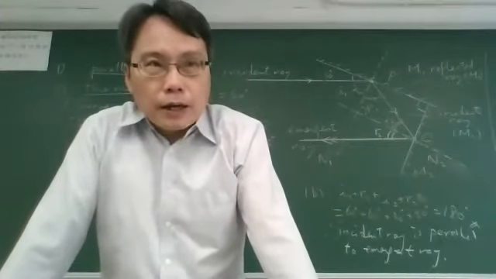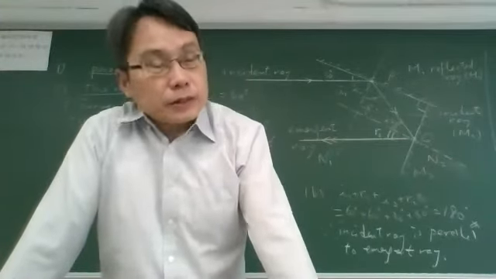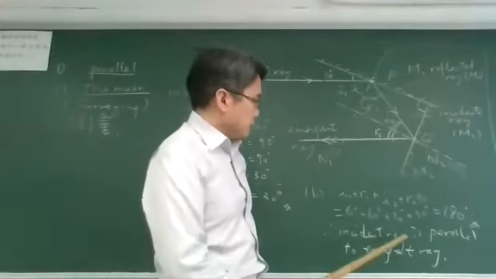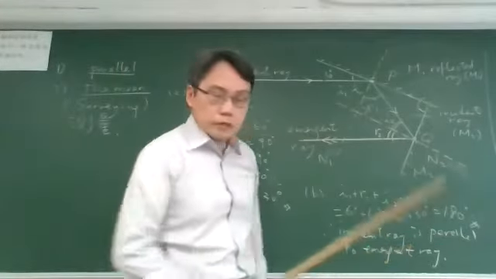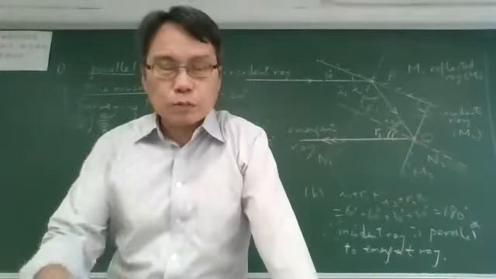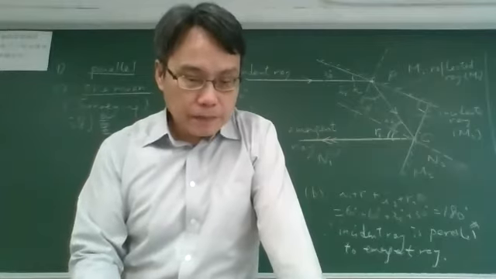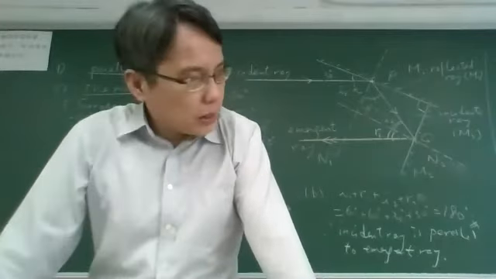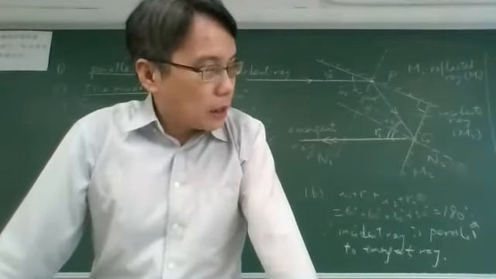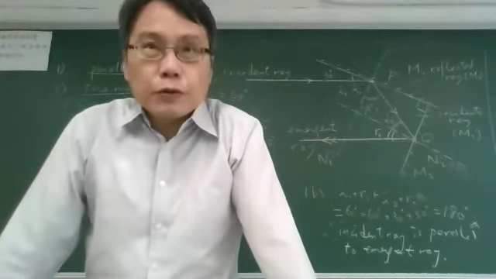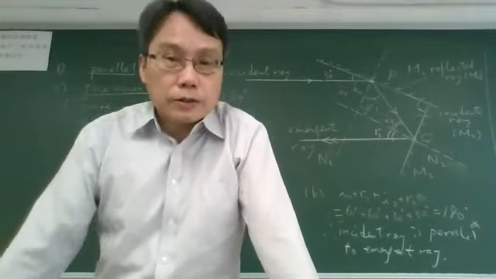One point about the difference between physics and mathematics is this: when you write down a conclusion in mathematics, you need to provide the theories behind it, like the corresponding angles for proving two lines are parallel to each other.